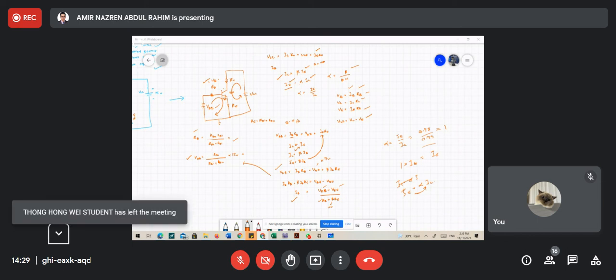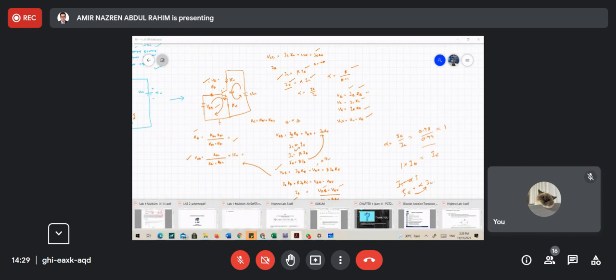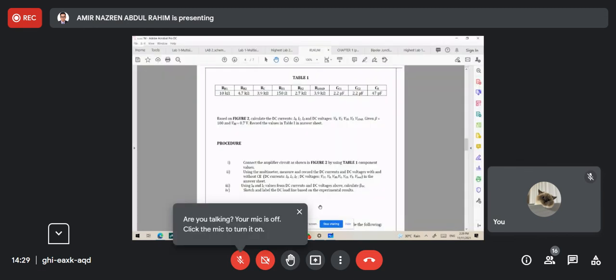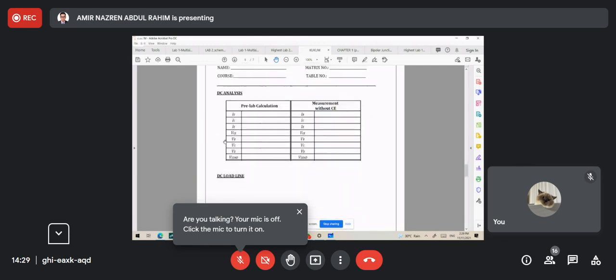Alright guys, boleh try compute for the first table. You boleh carilah value untuk pre-lab calculation.